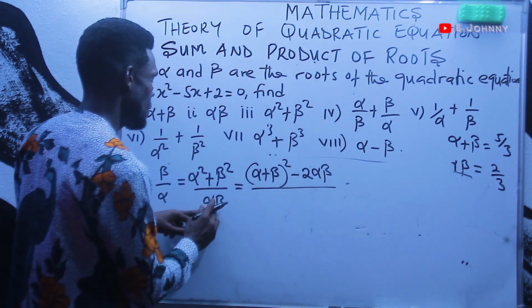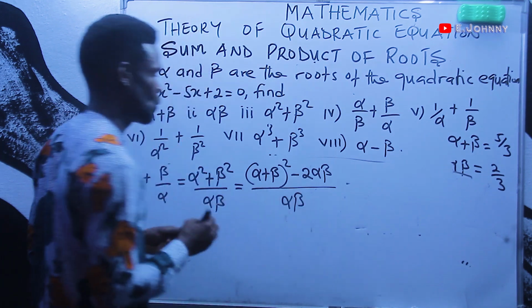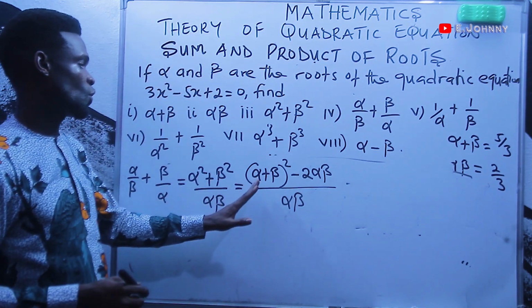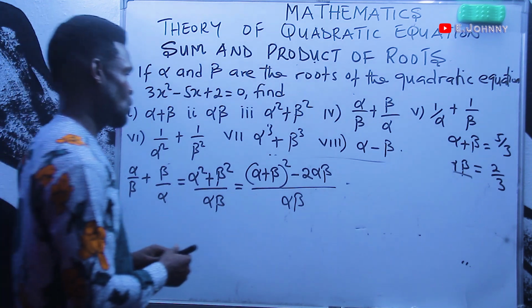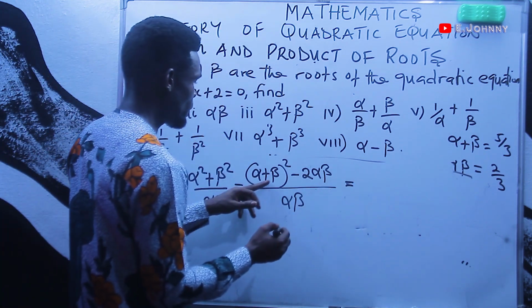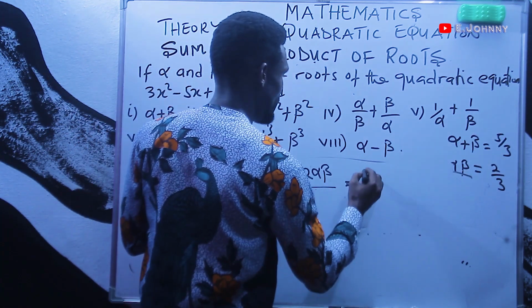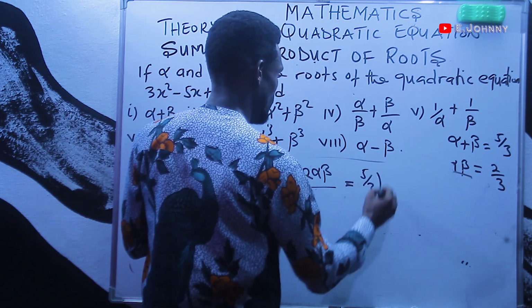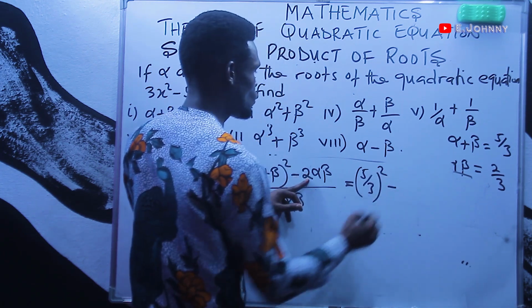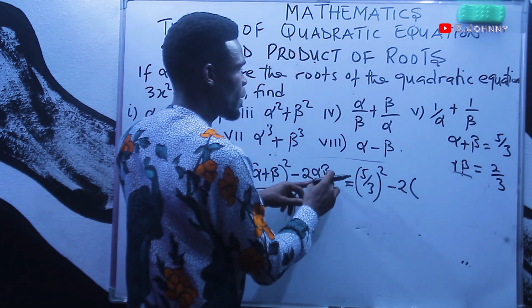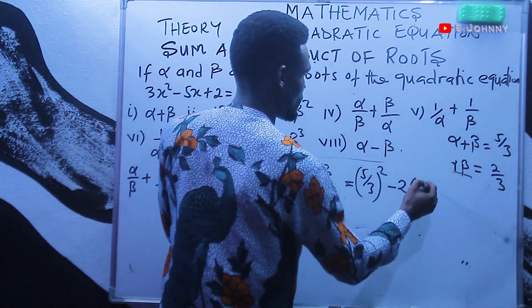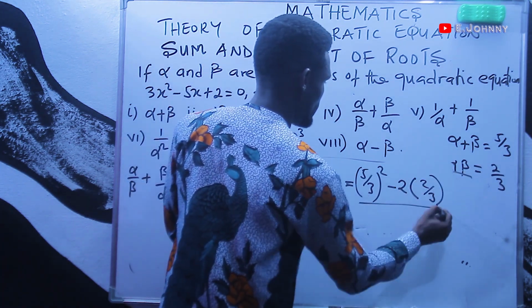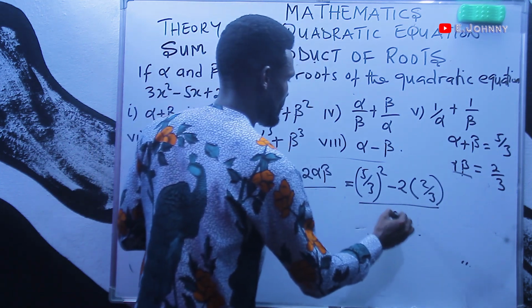Divided by alpha beta. So at this point, you can substitute the values. What is alpha plus beta? Alpha plus beta is 5/3 all squared minus 2 into, what is alpha beta? 2/3, divided by alpha beta.